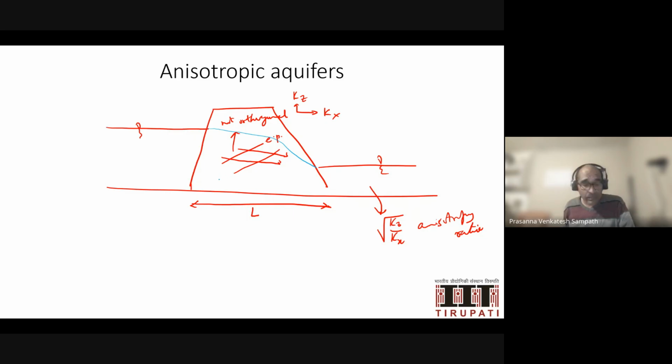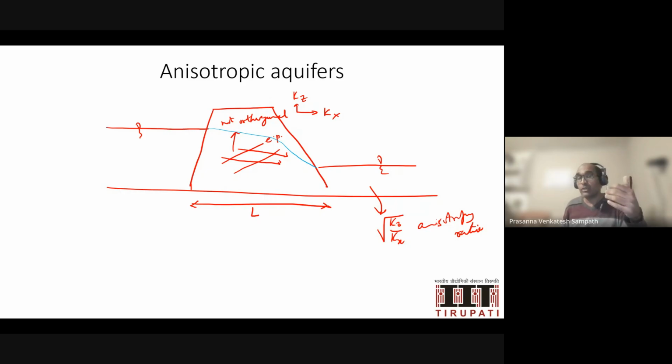Okay, so typically what is done is we take this anisotropic aquifer, which has a preferential direction of flow in the x direction, and we transform this into a system where you convert this into an isotropic system and then solve for the flow net. For the isotropic system, the flow net analysis is really straightforward. It's a simple Laplace equation. You can solve it, and you get the flow nets.